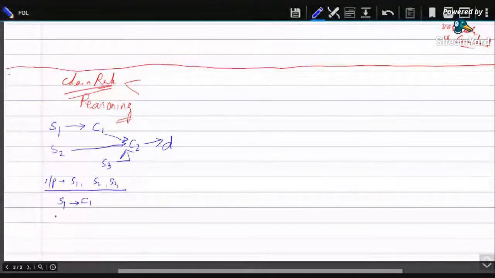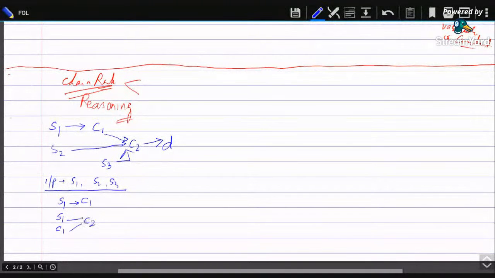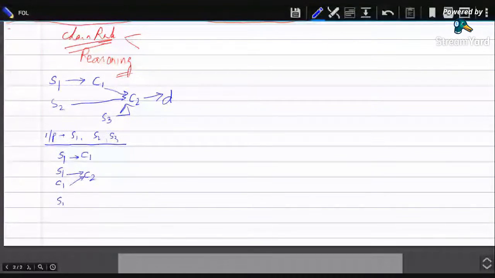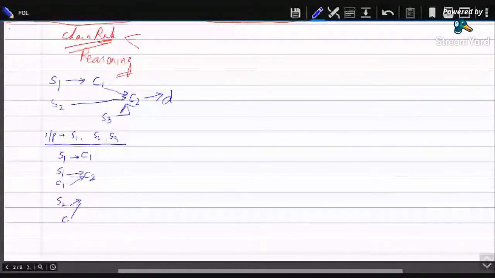And if symptom 1 and conclusion 1 are given together, then he can conclude this. And if symptom 2 and conclusion 2 are given, then he can decide what the disease is.